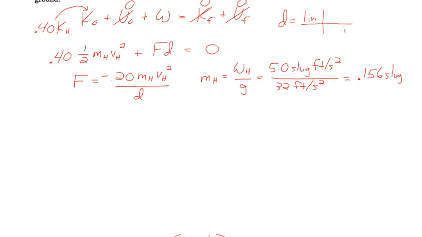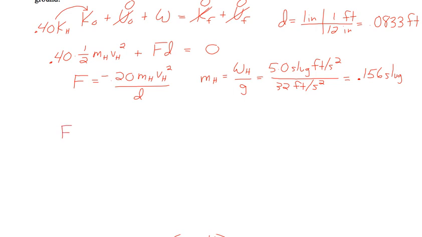I'm going to go from inches to feet, 12 inches in 1 foot, so that's going to equal 0.0833 feet. That's 1 divided by 12.